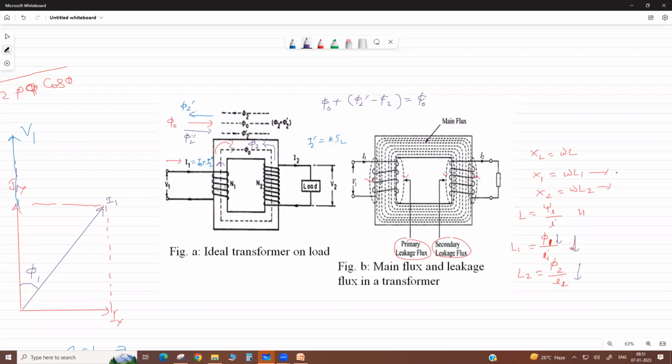If inductance is low, the reactance is low. If reactance is low, the total equivalent reactance of the transformer is low. Then you get a good value of regulation, meaning the internal voltage drop is less.